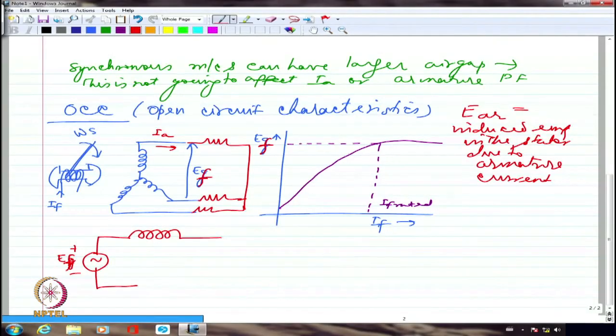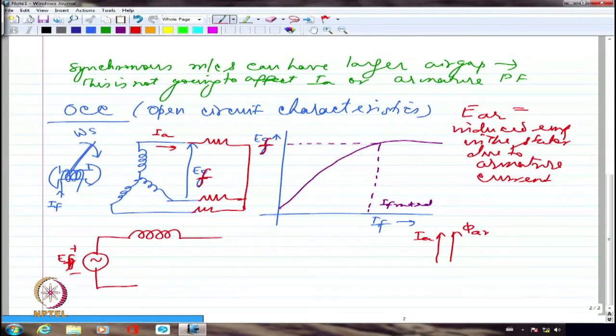As simple as that. Because after all, it is due to flux. And if I say armature reaction, armature current is probably along this direction, the flux will also be along the same direction, roughly. So this is IA, this will be phi A or phi armature.